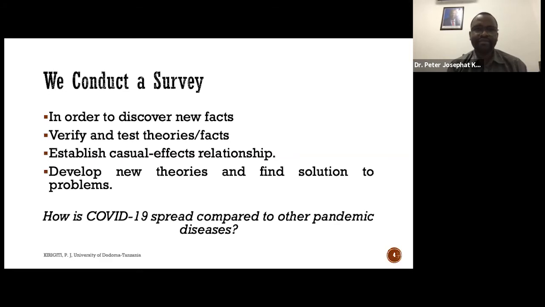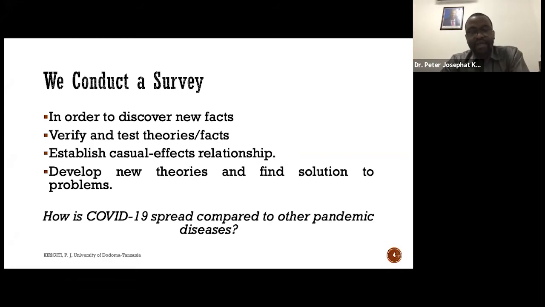So all the time we have to find solutions to those issues. Another reason to conduct a survey is that sometimes we are interested in verifying or testing theories, whether applied or theoretical.